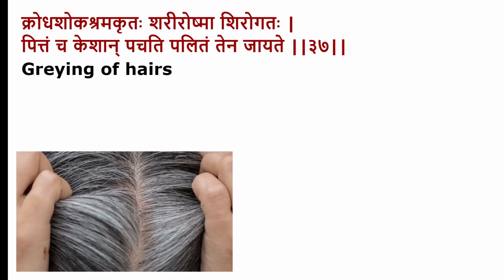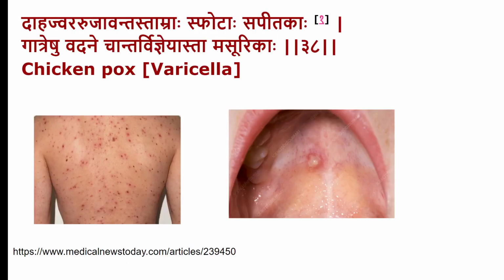If you go to the beauty salon, you will find different sorts of processing of the hairs, like washing with ammonia and then applying some chemicals and so on. Lots of things are there. I'm not going into that part. But that itself could be one of the causes of the premature graying in the majority of the conditions. Genetic is another factor as such. Now that's about one. The next is about the masurika.